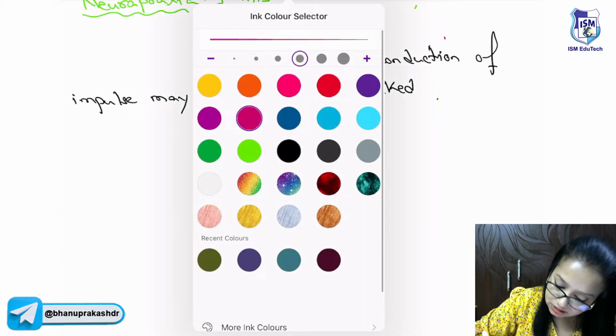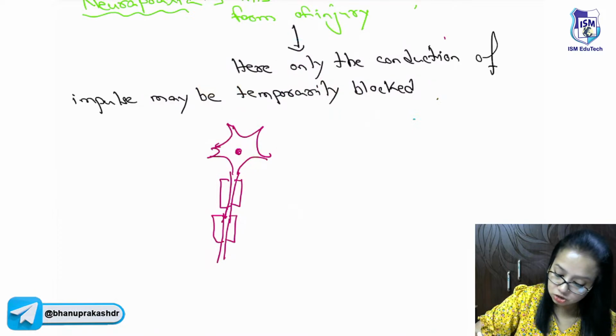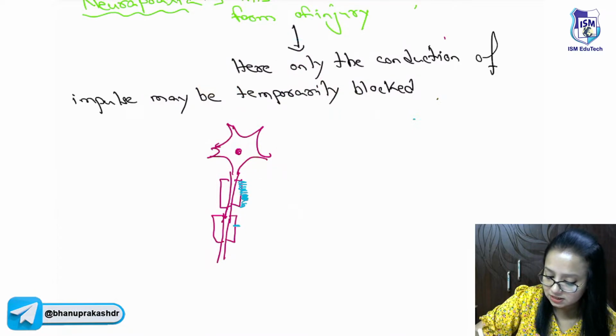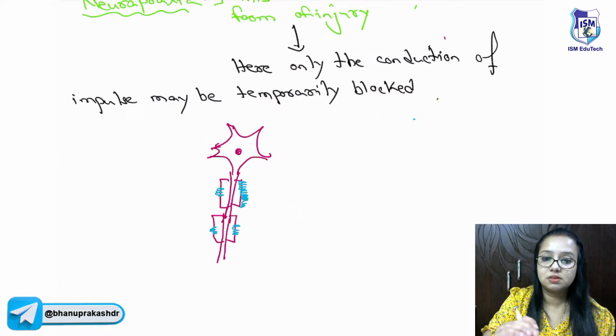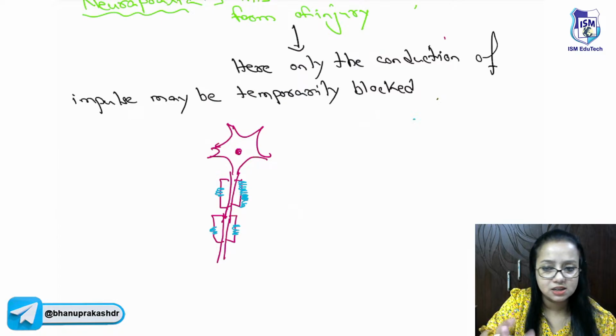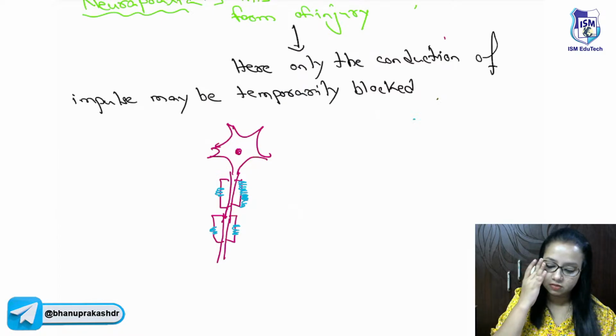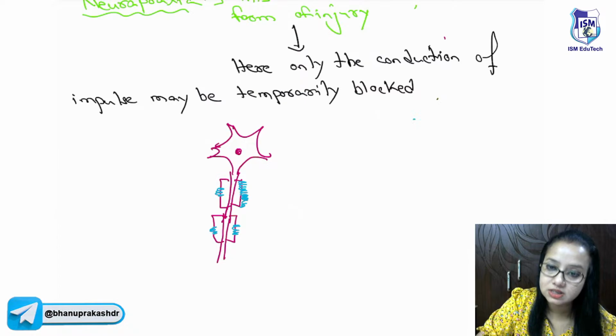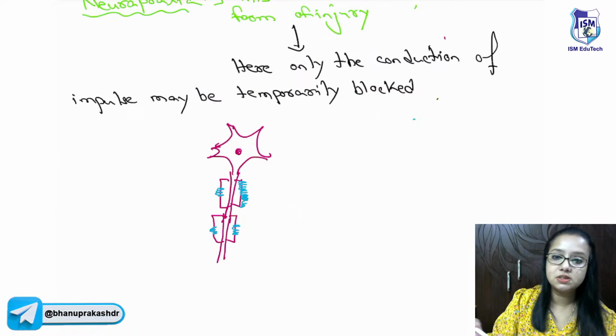Only the myelin sheath got a little bit ruptured here and there, not disentangled or anything, but the axon is intact, the endoneurium is intact.